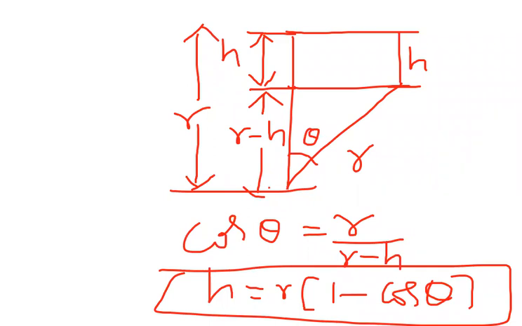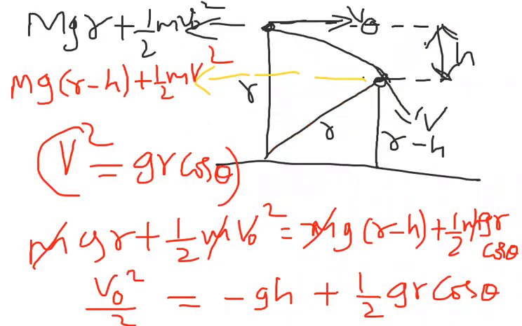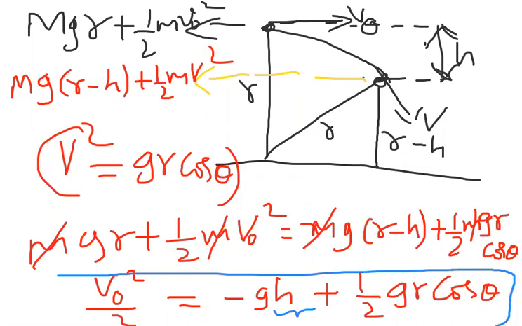Now come back to our previous expression. In the previous one we got the formula v naught square by 2 equal to minus gh plus half gr cos theta. Now h equal to r into 1 minus cos theta. Let us substitute in the place of h. What do you have to substitute in the place of h? r into 1 minus cos theta. Let me take this equation again on a fresh page.